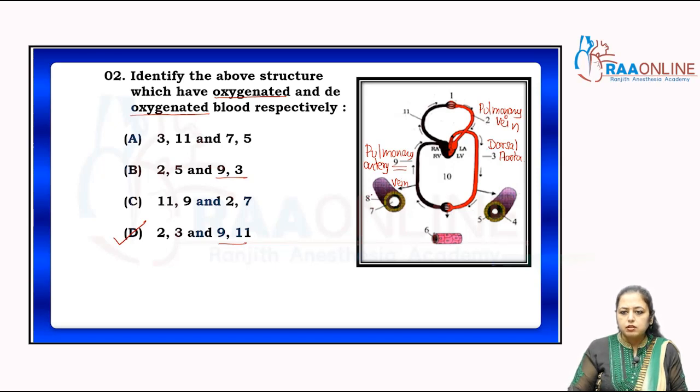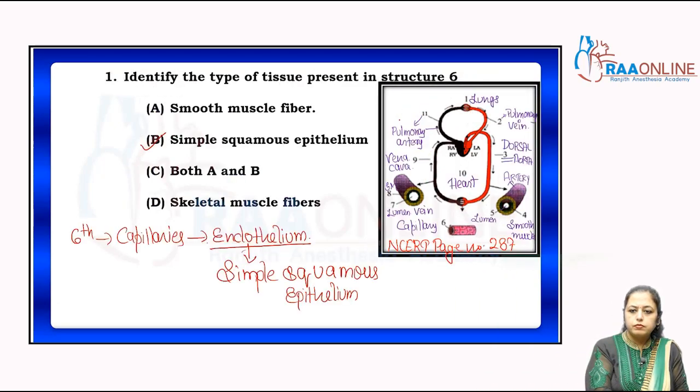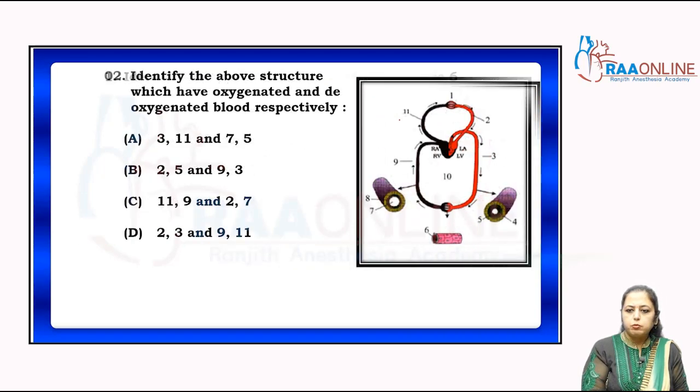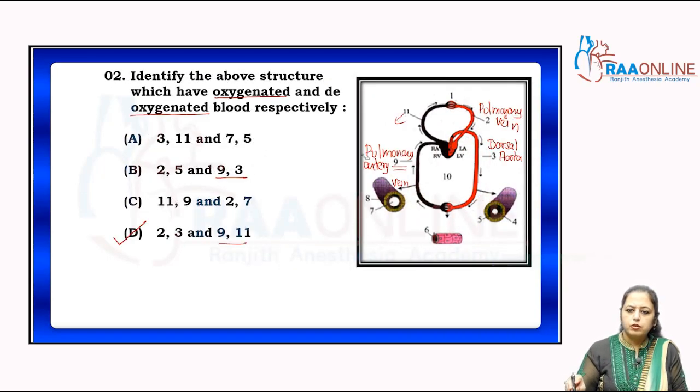So the vena cava and pulmonary artery. Clear? So now what will happen here?